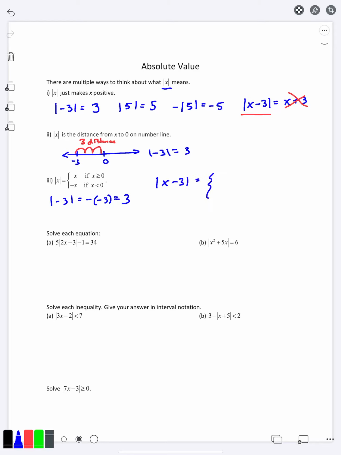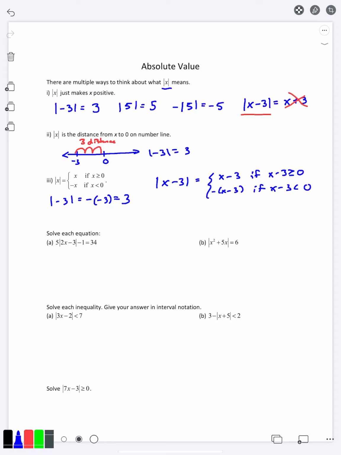It is either going to be x minus 3 if x minus 3 is positive, or it's going to be the opposite of x minus 3 if x minus 3 is negative. So it at least gives us some way to work with it, even if it's a bit messy and complicated to deal with.